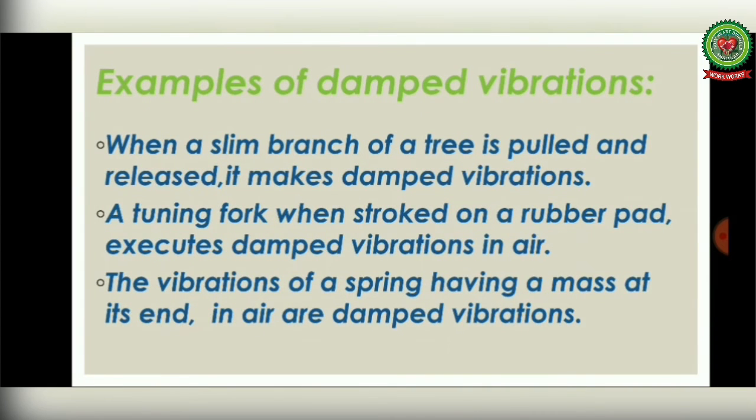Some examples of damped vibrations: when a slim branch of a tree is pulled and released, it makes damped vibrations as it slowly comes to rest. A tuning fork, when hit on a rubber pad, executes damped vibrations in air. And third, the vibrations of a spring having a mass at its end in air are damped vibrations.